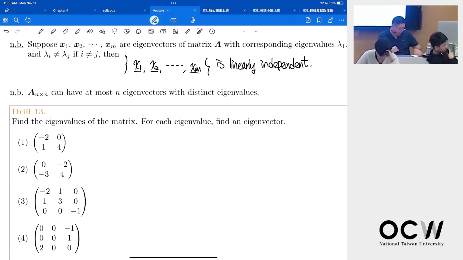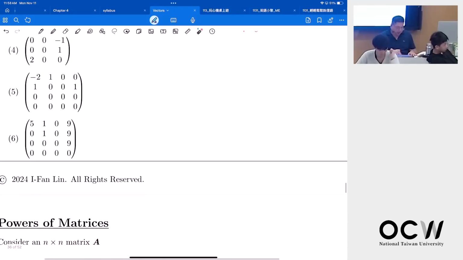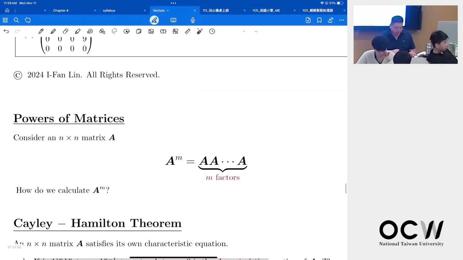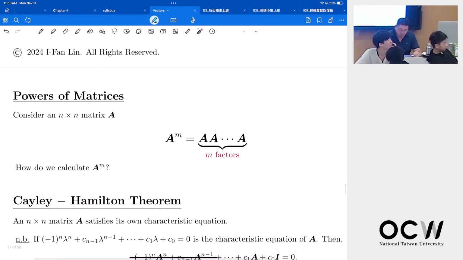And before we dismiss the class, let's see one of the small applications for learning eigenvalues and eigenvectors. It is to find the power of a matrix. I have a power of matrix, A to the m, so I multiply A m times. But how do we calculate A to the m?